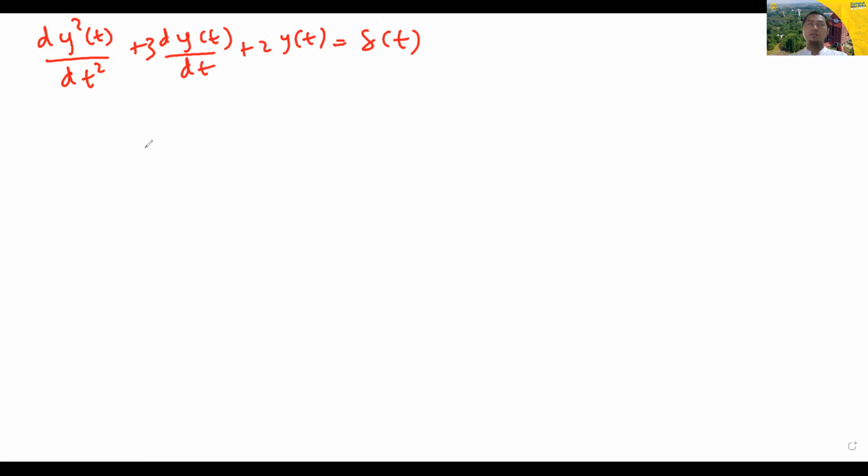The simplest way to solve this problem, which is how to express y(t), is using the Laplace transform.